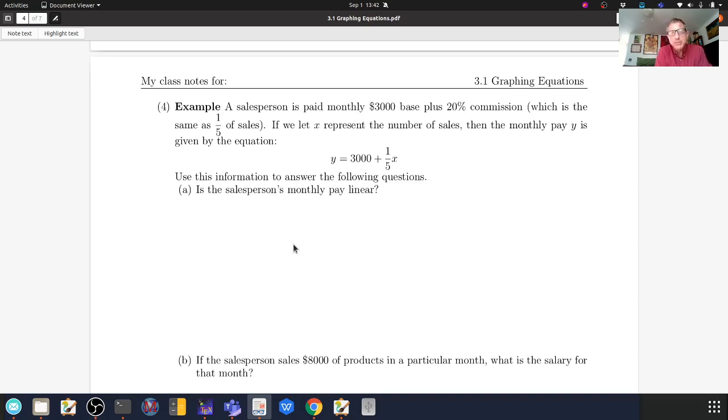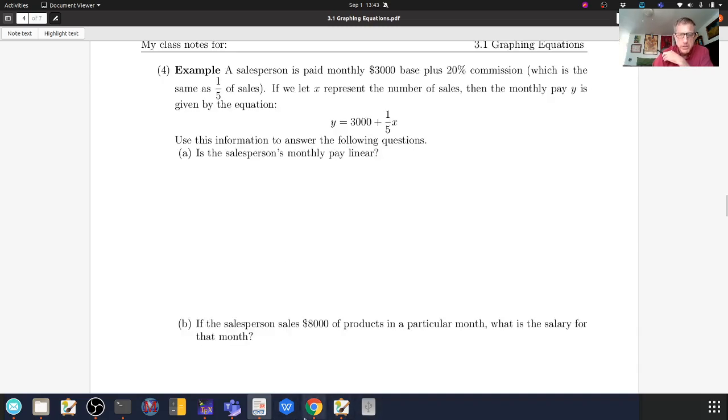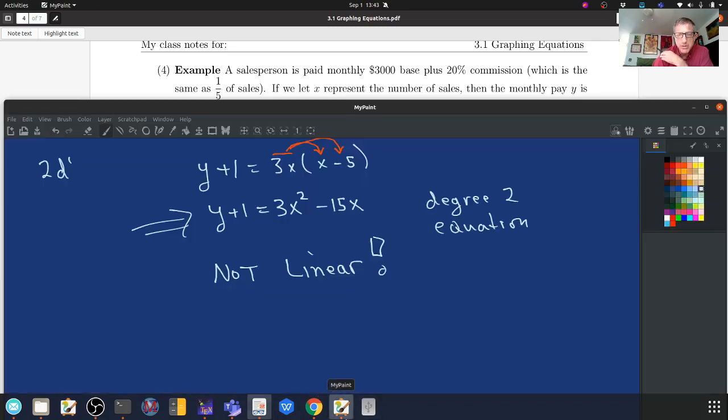If we let x represent the number of sales, then the monthly pay y is given by equation y is equal to 3,000 plus 1/5 x. Use this information to answer the following questions. So it's not as bad as you might be dreading.